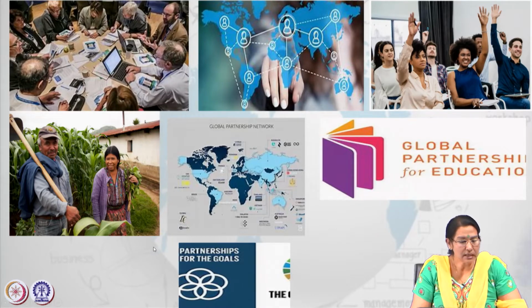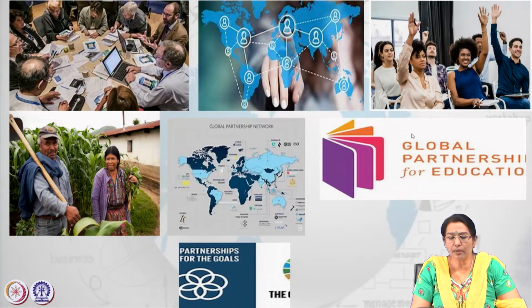So, in achieving the other 16 SDGs, SDG 17 can be a network, an enabler, an enforcement, a network to help all the countries, both developing and developed, for achieving all the other 16 SDGs.